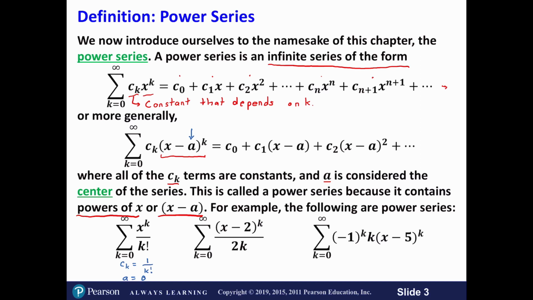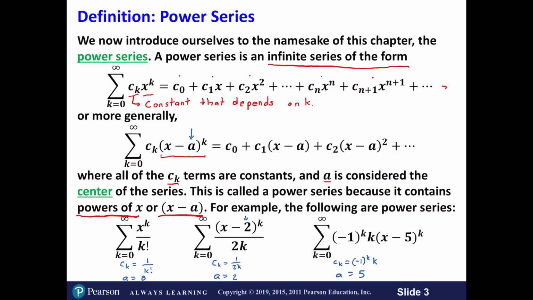All right, for the second example, c_k is 1 over 2k, and a is equal to 2, because that's what we subtract from x when we raise it to the k power. And over here in the third example, c_k is negative 1 to the k times k, and a is equal to 5. So these are all examples of power series.